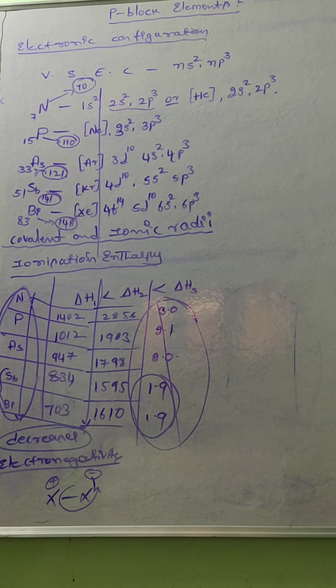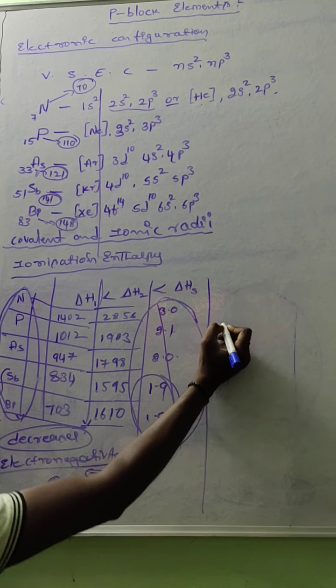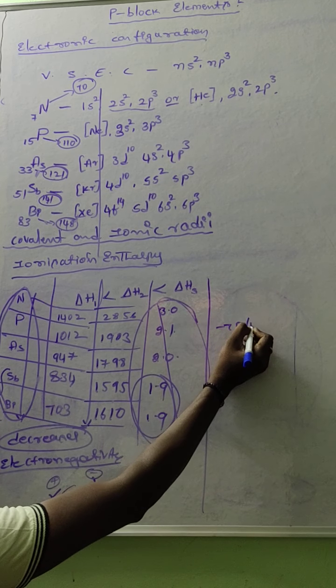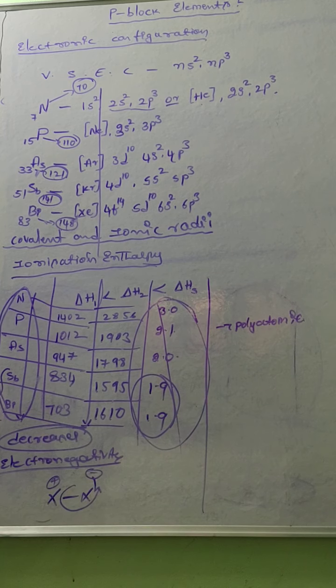Now, all the 15th group elements are generally polyatomic. Suppose we consider nitrogen.